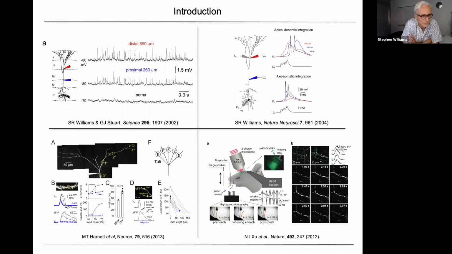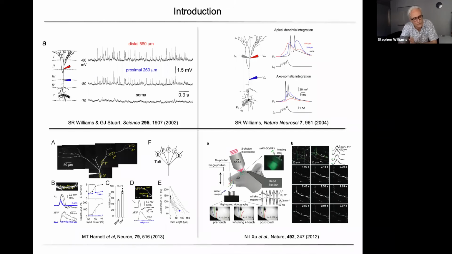And the big challenge has been to place this within a circuit computational framework. And together with Jeff McGee, we managed to do that in the rodent neocortex, finding that active dendritic integration was powerfully engaged during an active sensing task.